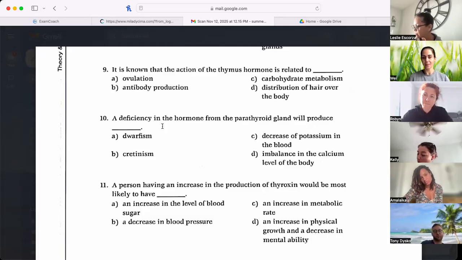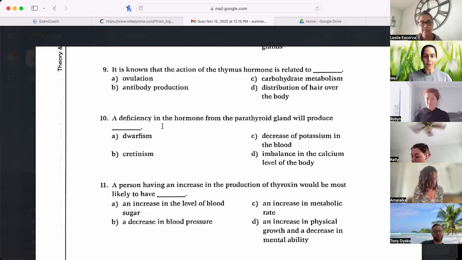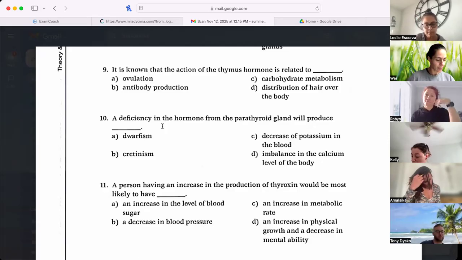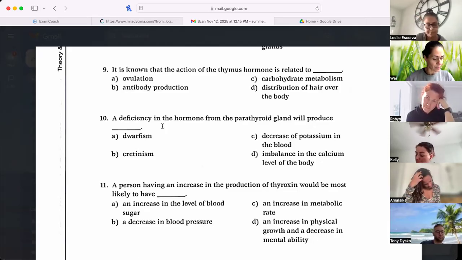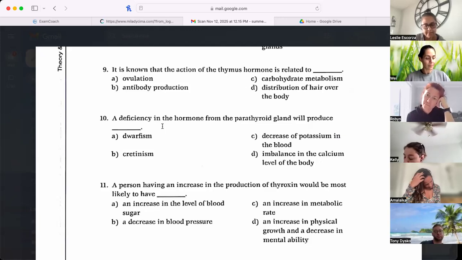So it makes sure that it balances it out, so we don't have excess. Okay, so what do we have next? Let's do Kelly. Number 11. A person having an increase in the production of thyroxine would be most likely to have? C, an increase in metabolic rate.